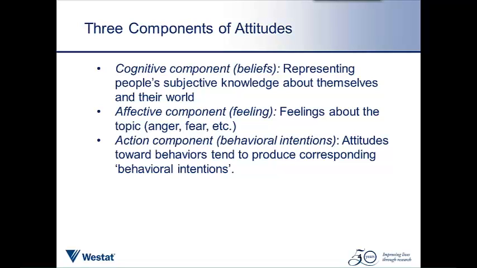How strongly do they feel, and why do they feel that way about that topic? And the third is an action component, and what are they planning to do about that? How likely are they to vote? How likely are they to change their behaviors about the topic, etc.? So we really try to measure all three of those things when we're writing attitudinal questions.